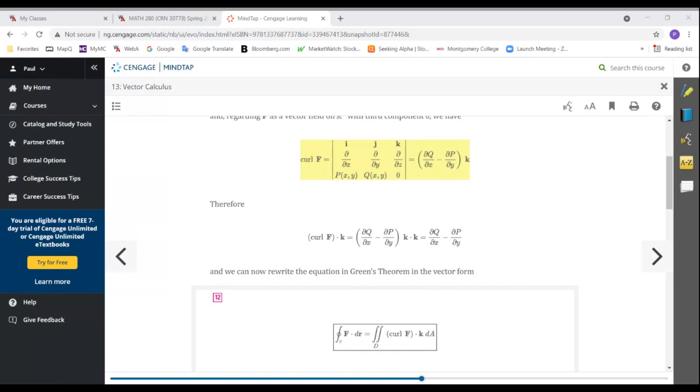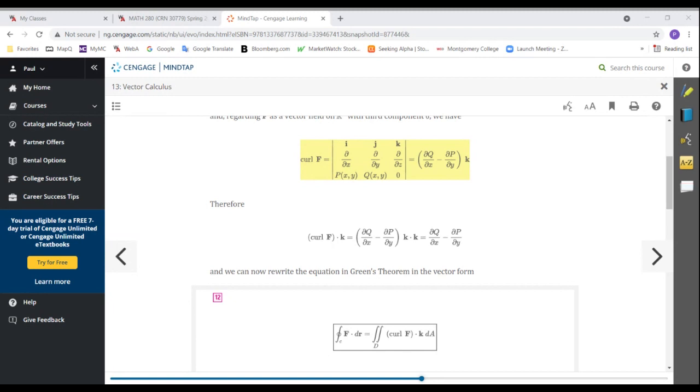If you take the curl of that vector field, that's the del crossed with the vector field F, you're just going to get the partial of Q with respect to X minus the partial of P with respect to Y, times the vector K. Let me just check one thing here. Yeah, that makes sense, because the partial derivative of P with respect to Z is equal to 0.